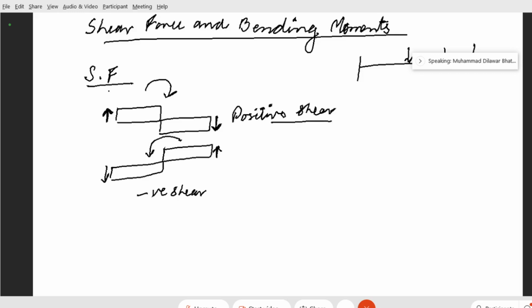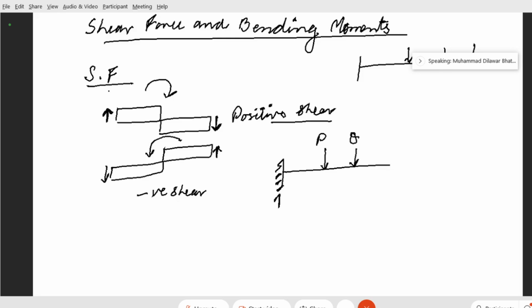And similarly, when we calculated different values for a cantilever, let's say we have this cantilever, and it has some external forces applied on some parts, let's say P and Q. In that sense, we saw that it will have a positive shear force, right? Why positive?